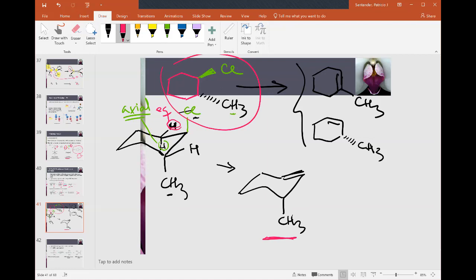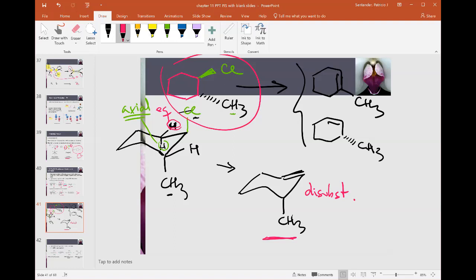I'm getting an alkene that is di-substituted. You need to respect the requirement of antiperiplanar between the halogen that is departing as a leaving group and the hydrogen atom that is abstracted by the base, right?